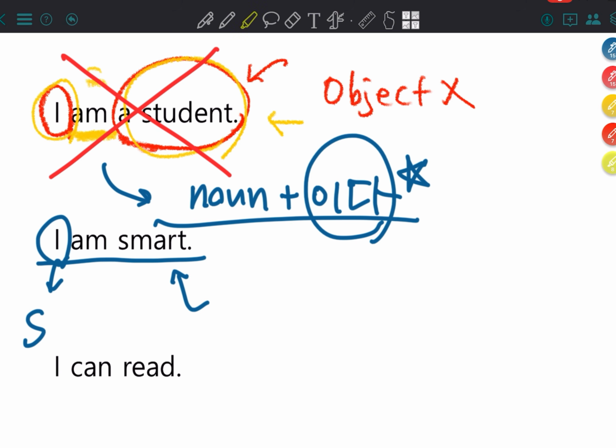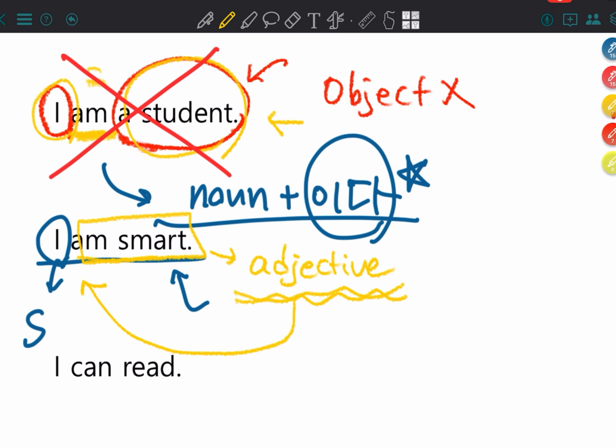There is only a descriptive verb. I am smart. We learned that this is called an adjective, right? So this is a place for adjective, and adjective does not require an object because it doesn't make sense if an adjective have an object, because adjective is used to describe how the subject is like, right? So this sentence does not require an object nor object marking particle.